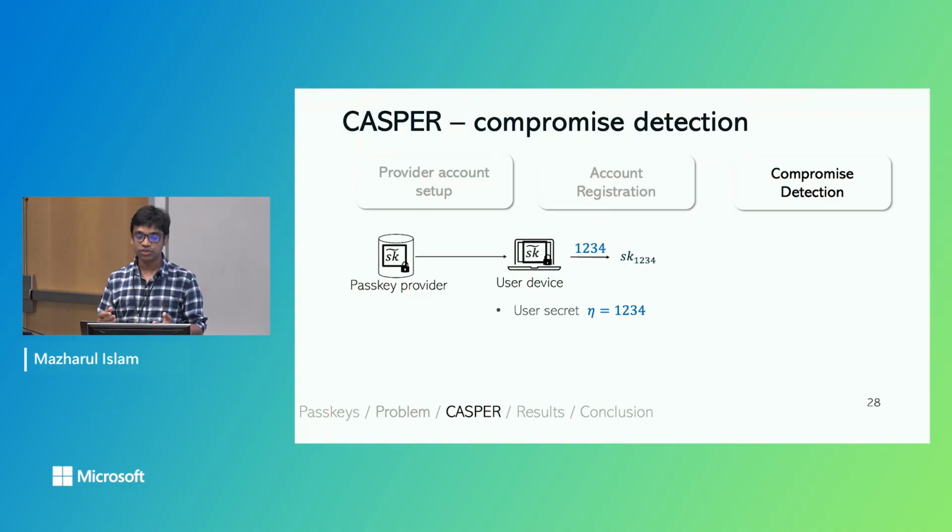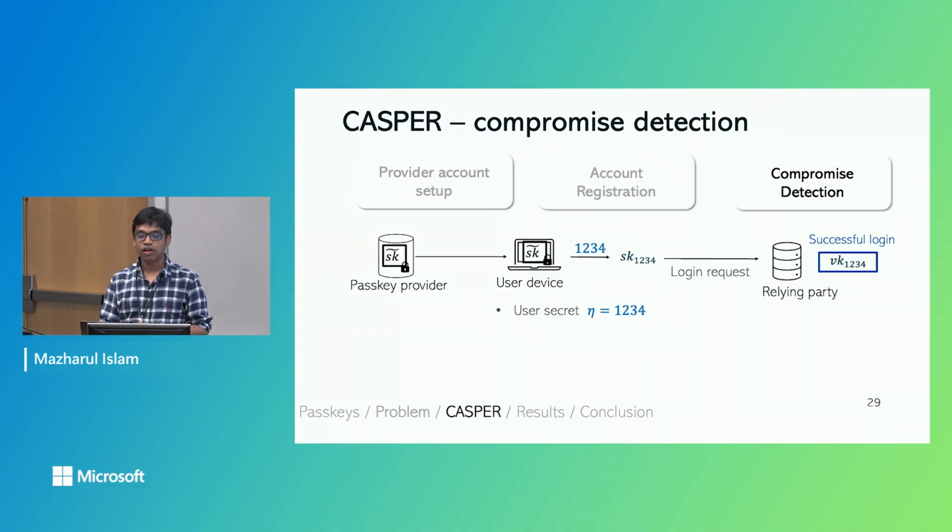The user device will use the correct user secret to derive a decryption key, and we will use the decryption key to get the real passkey SK1234. And whenever the relying party sees that the login request corresponds to the verification key 1234, then they would allow the user to log in.